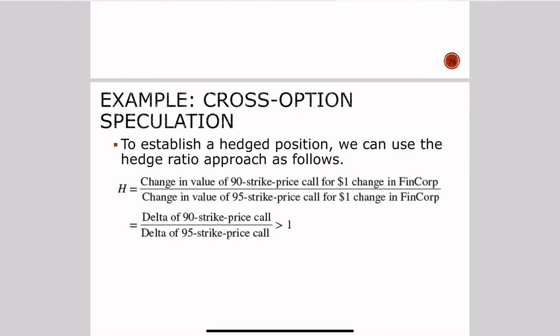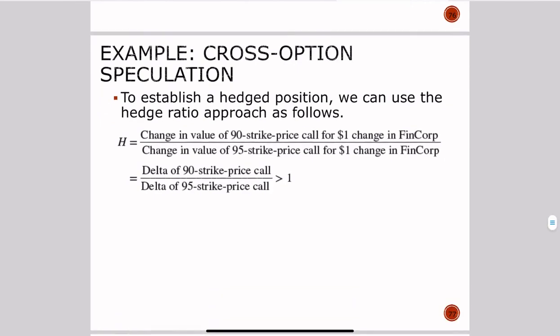Here we don't have stock. Our portfolio has only two kinds of calls. However, the essence of the hedge ratio is the same. You want to compare the value changes of these two options. So here the hedge ratio is defined as the change in the value of the $90 strike price call divided by the change in value of the 95 exercise price call.